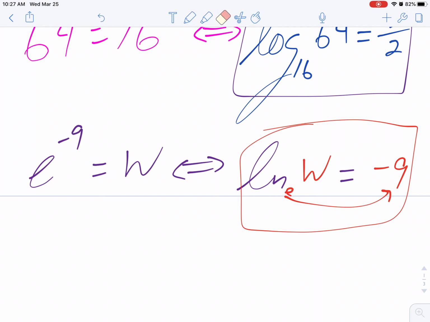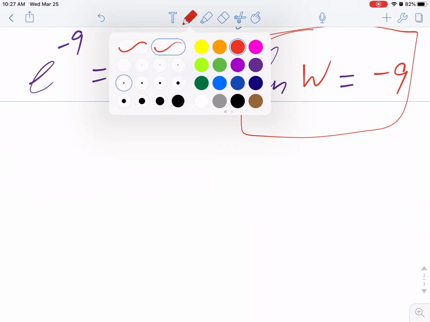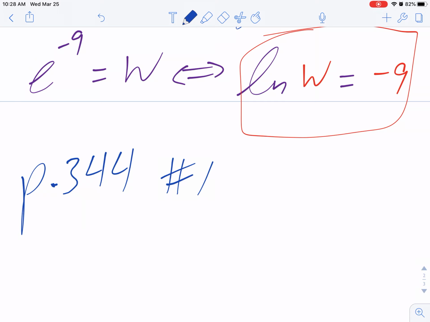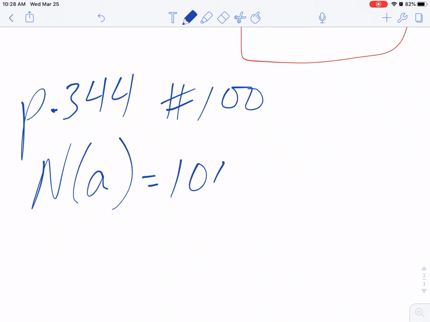And again, that's making a little circle here, knowing that the e is there. Okay, so the last example is straight out of your book that I would be doing in class. This is on page 344, number 100. If you want to pause this and get your book out, this is where I'm getting it from. Now, on number 100, they give you a function.